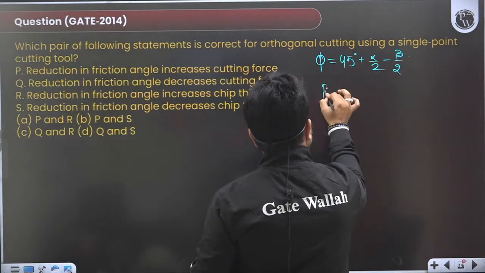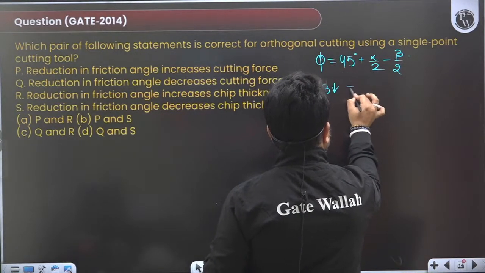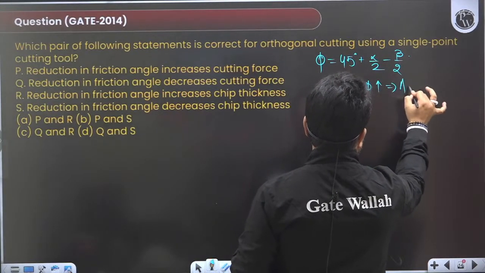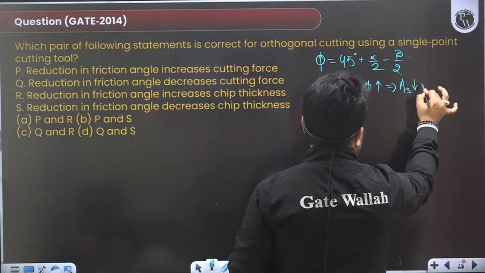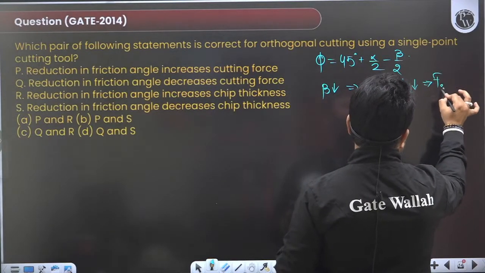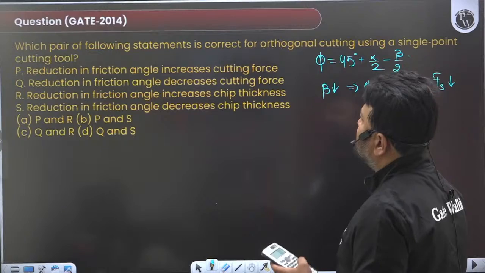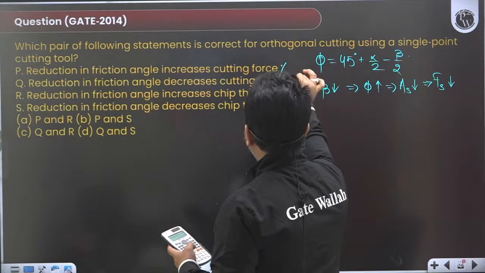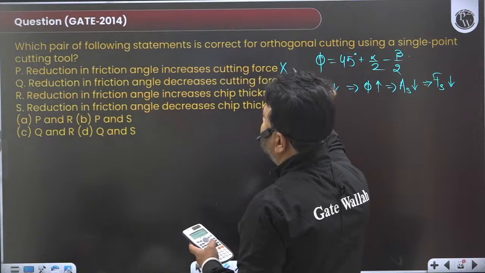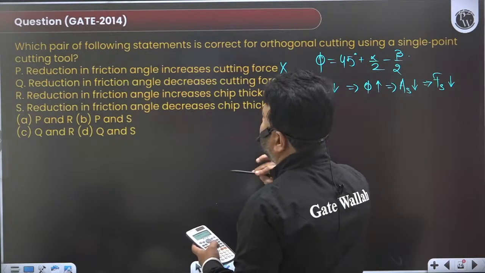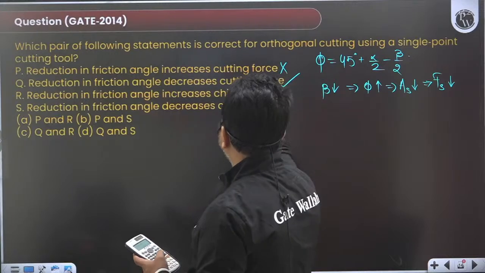My dear, if you reduce the friction angle, then phi increases, which implies that shear plane area decreases, which implies that the required shear force decreases. So how can you say an increase in cutting force? Here, reduction in friction angle, decrease in cutting force, this will be right.